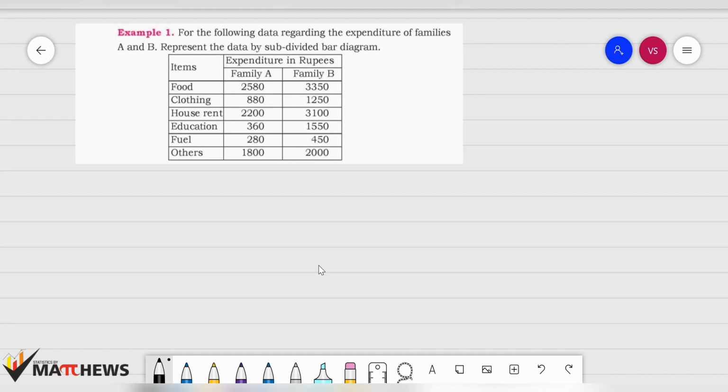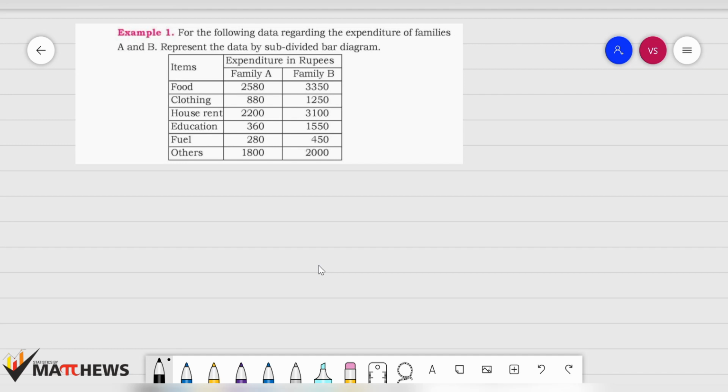So what do you mean by this subdivided bar diagram? That means there will be a bar, and that bar will be subdivided according to the components, according to the items given.